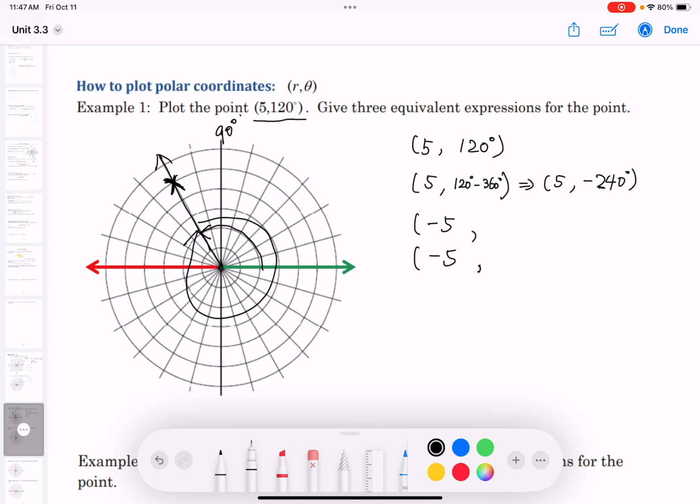And how about the third point, where the R is negative? So we can erase all of this, and we can keep the terminal side here. Okay, if the R is negative 5, that means it has the opposite direction as positive 5.